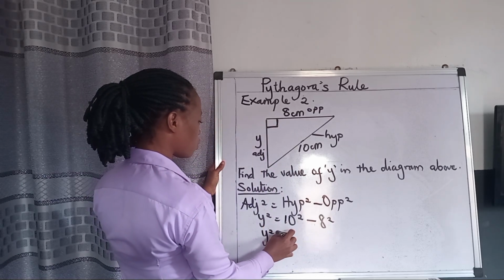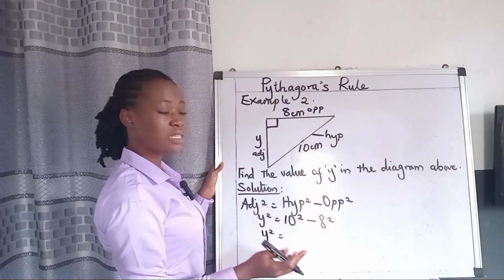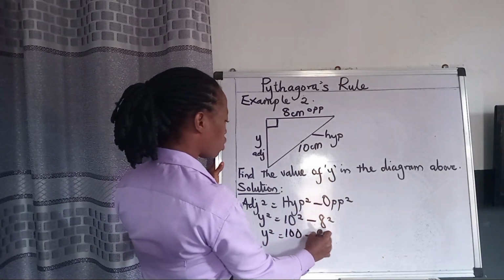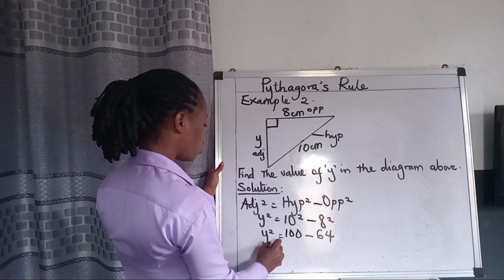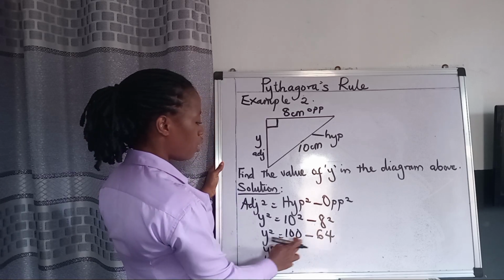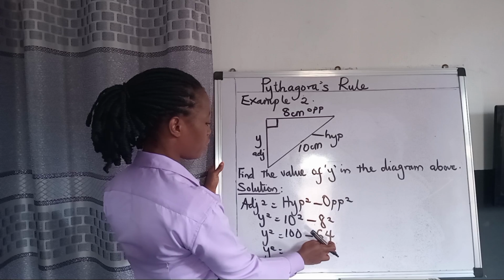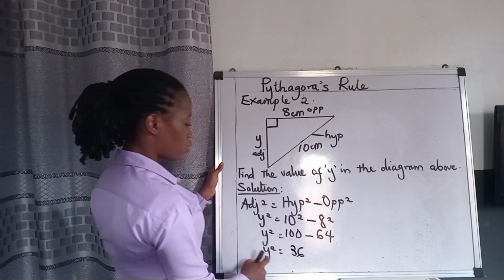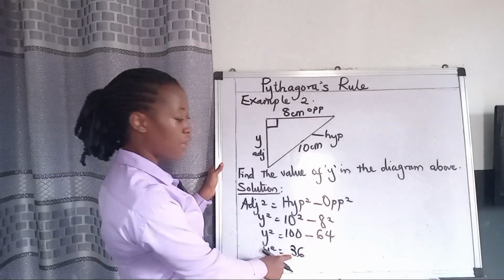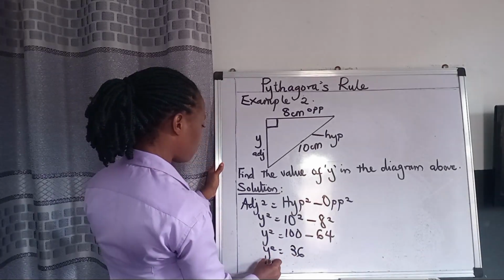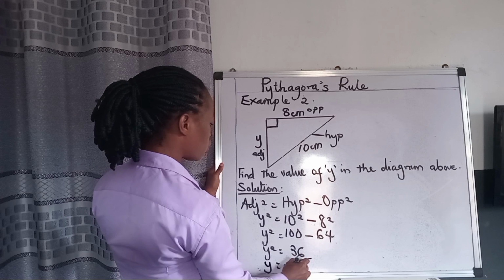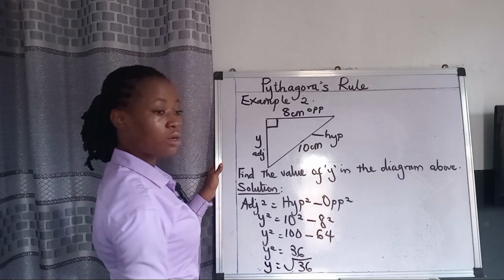So y squared is equal to 10 squared, which is 10 times 10, which is 100. 8 times 8 is equal to 64, all right? So y squared is equal to 100 minus 64. 10 minus 4 is 6. 9 minus 6 is 3. So 100 minus 64, we have 36. Now to find the value of y, we are simply going to find the square root of 36, right?